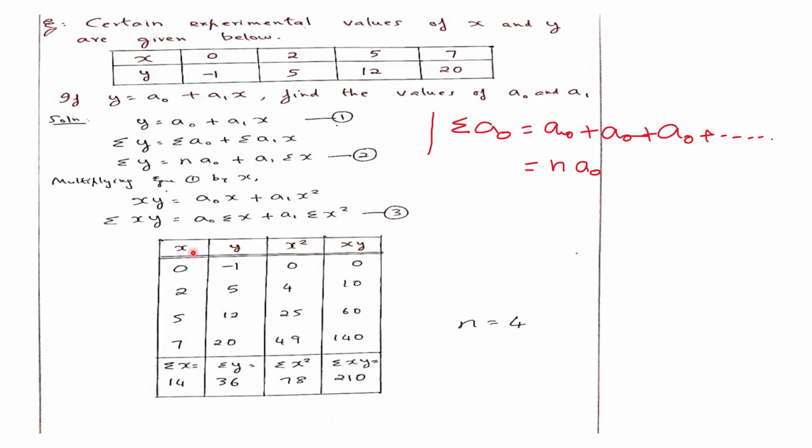N means how many values are given: 1, 2, 3, 4. So n is 4. Now we will substitute in equations 2 and 3 the values of sigma x, sigma y, sigma xy and sigma x square. That will be shown in the next slide.